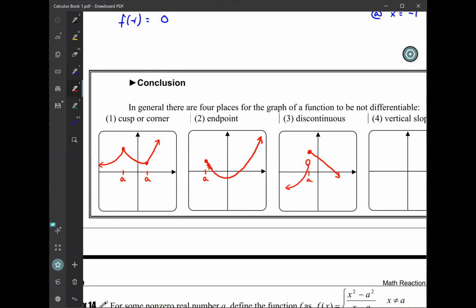Another possible way to have discontinuous is when you get an asymptote. So I'm going to fix this graph. For example, you could have it going down to infinity, so that's also not differentiable. And then it continues from the other side. It's broken, so this place is also not differentiable. All the A's are the places that are not differentiable.